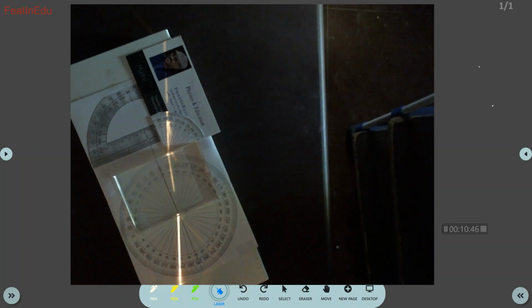What is the angle of refraction? 12. The angle of incidence is 20, and the angle of refraction is 12. So as the angle of incidence is increasing, the angle of refraction is also increasing. But the angle of refraction is less than the angle of incidence.